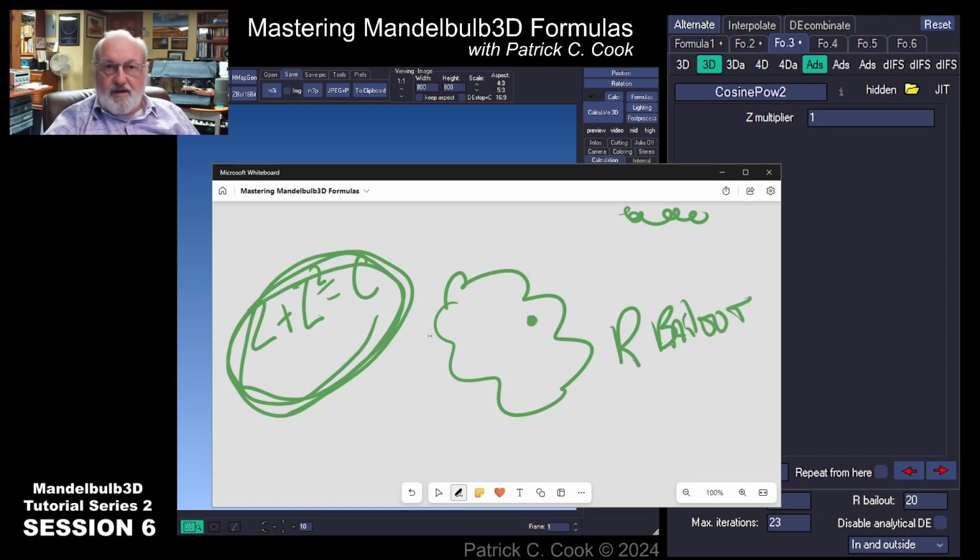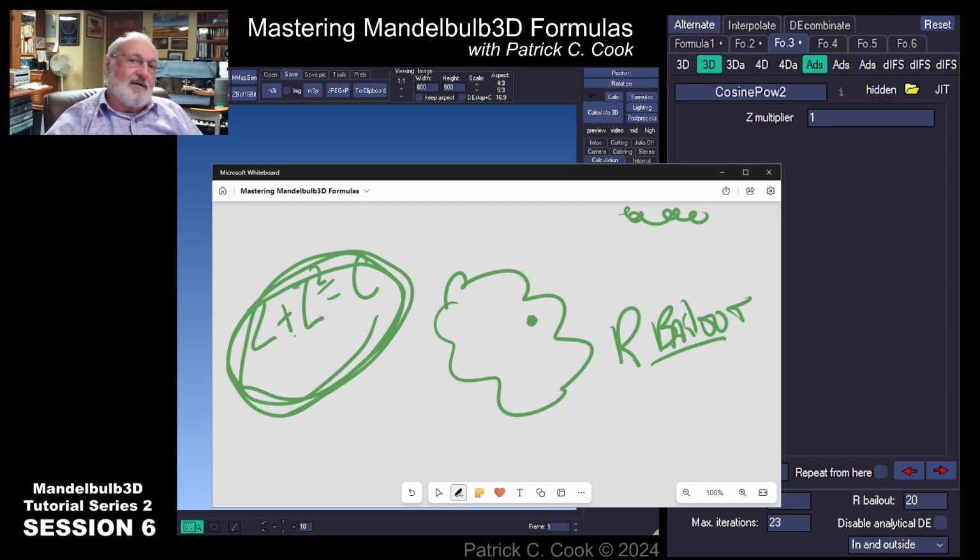That's the limit that I was just referring to. So if the equation is run, a point is calculated, and that point will be converted into a pixel on the screen. If that point, or the pixel, is within the R bailout, it will display. If it's outside of the R bailout, it won't display.